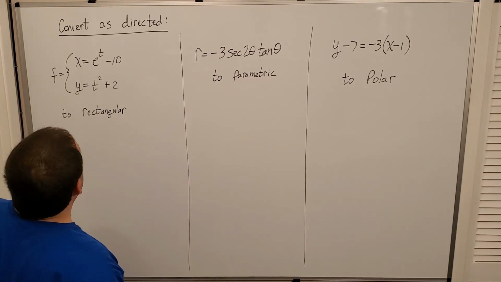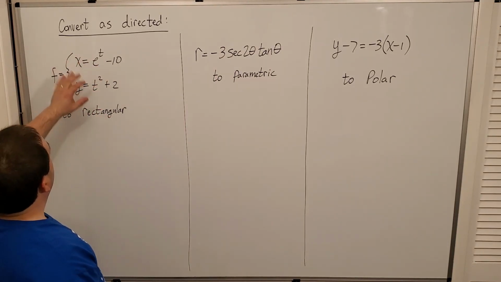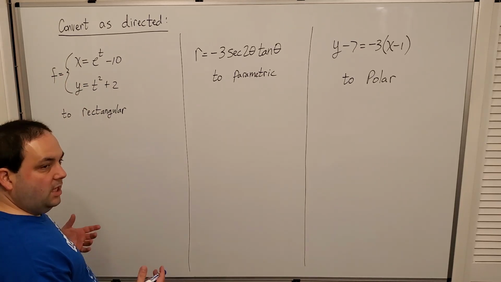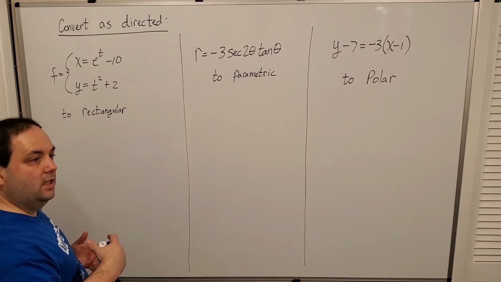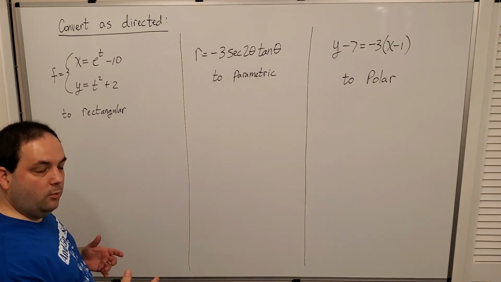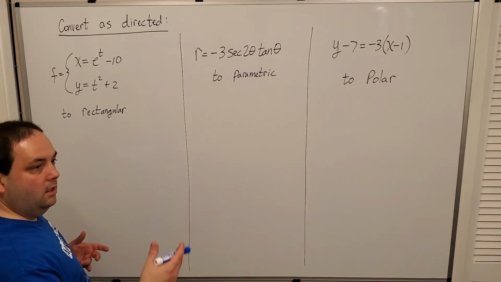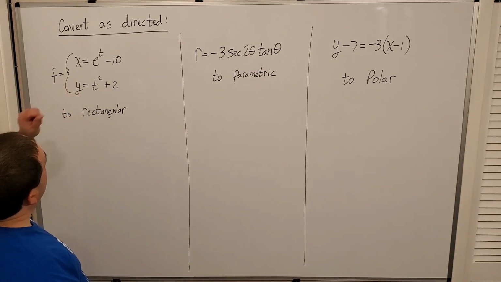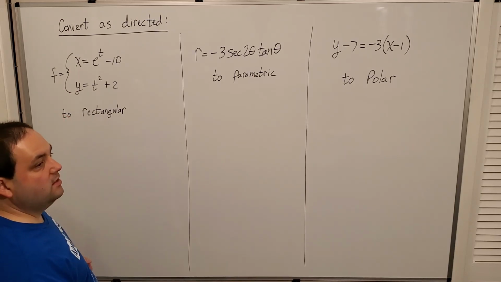Okay, so converting to rectangular can sometimes be a little tricky. We did it in one of the previous questions, right? We got the ellipse by eliminating the parameter through a trig identity. In this case, I'm just going to eliminate the parameter by direct substitution.